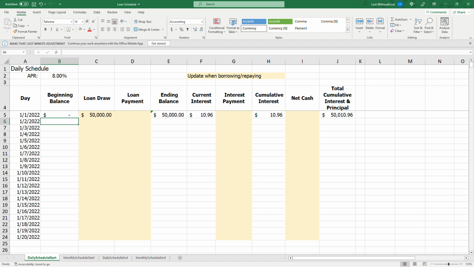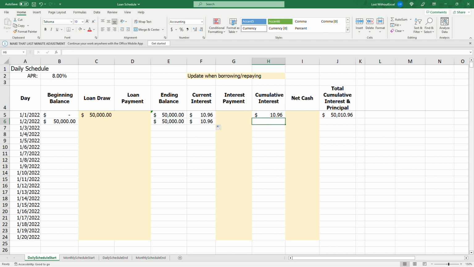When we go to the next day, rather than starting at 0, every day starts with the beginning balance being the last day's ending balance. The ending balance formula isn't changing. The interest isn't changing. We're still just doing this percentage divided by 365 times whatever we ended with.